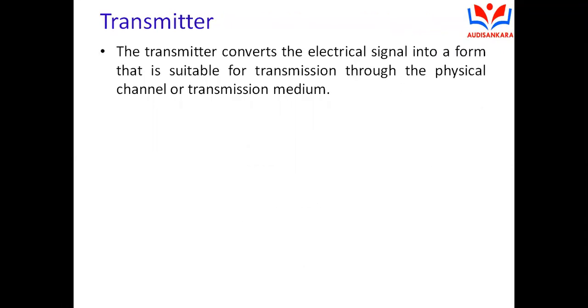So what will the transmitter do? Already I have discussed this in the last class. The transmitter converts the electrical signal into a form that is suitable for transmission to a physical channel, or transmission medium, or simply channel.